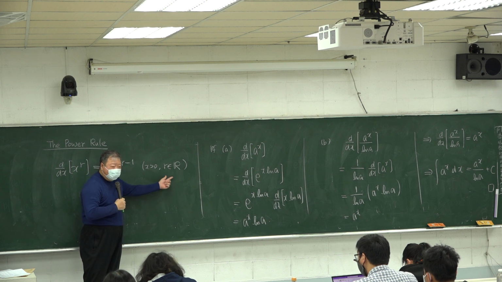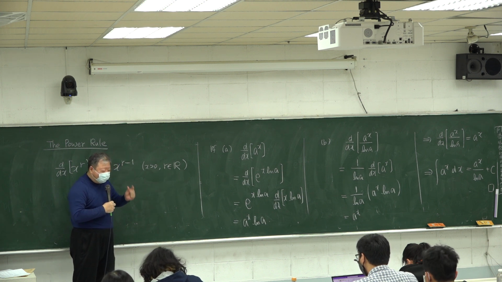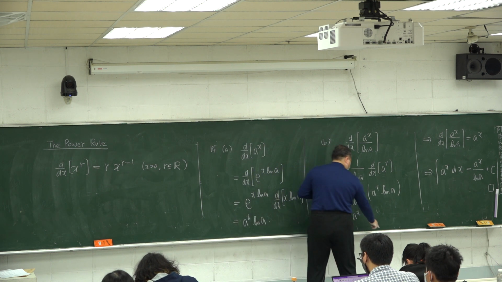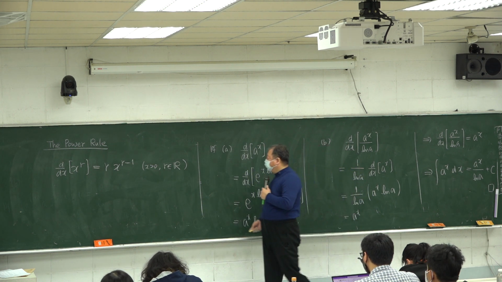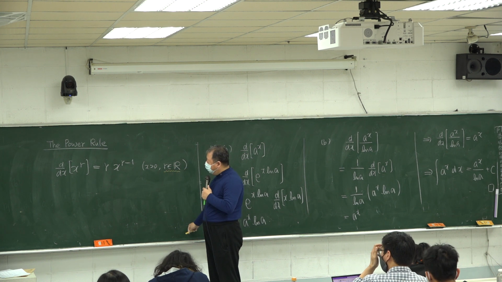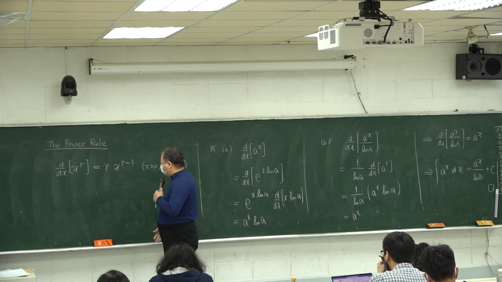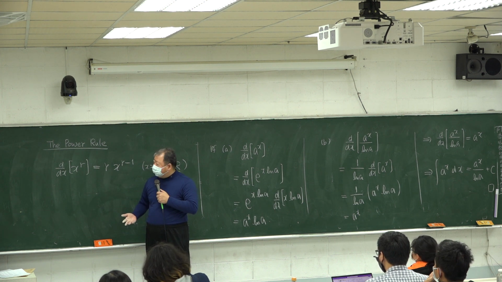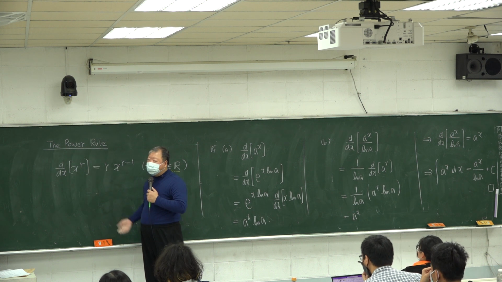So the small step: r. Before, when r is an irrational number, this one is not defined.